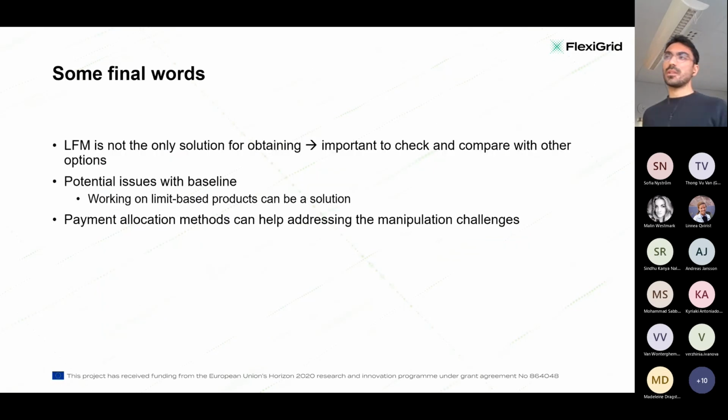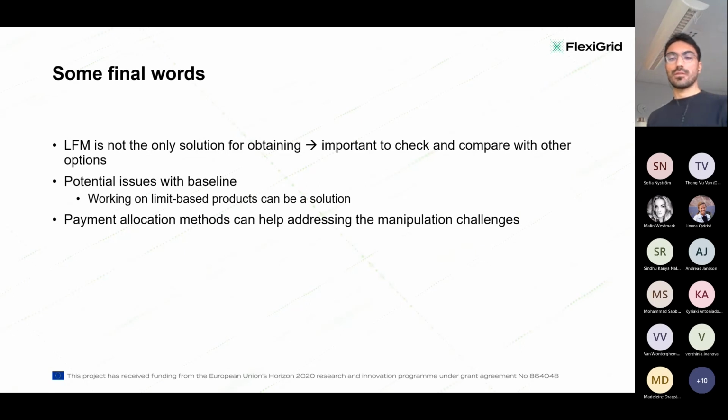So, final words. Again, I want to say local flexibility markets are not the only solution for obtaining flexibility. So it might be important to check and compare it with other options, like, for example, dynamic tariffs or even grid investments. Maybe at very local levels, the complexity does not justify implementing these markets.